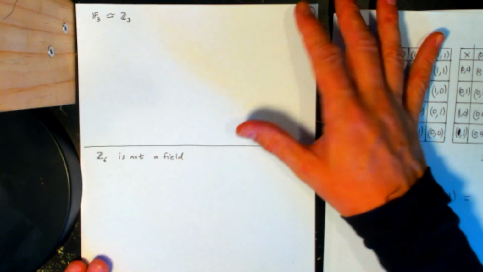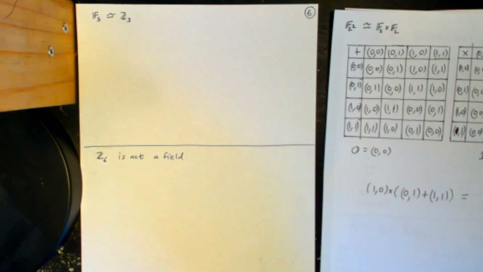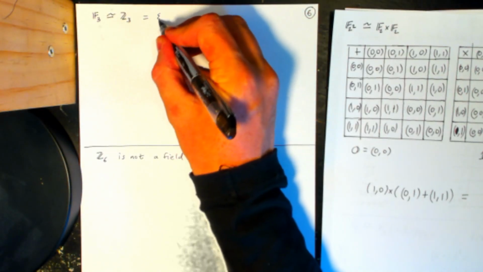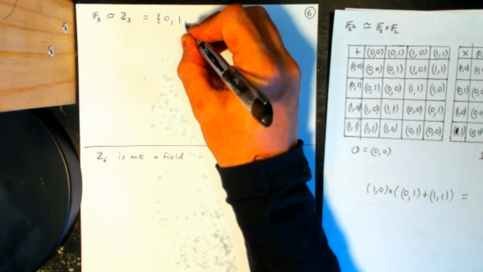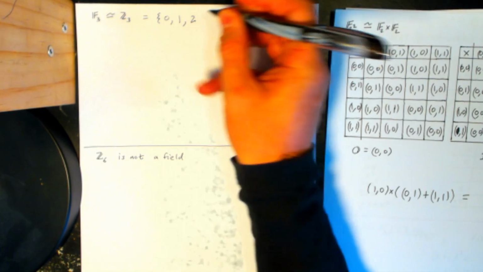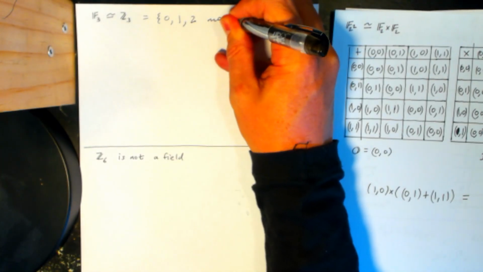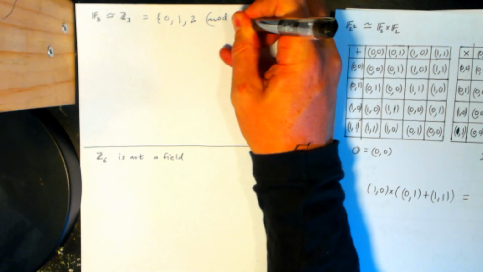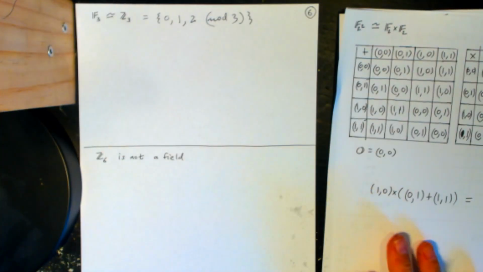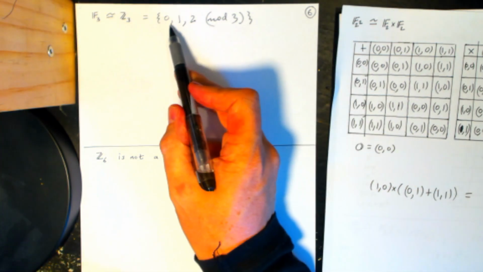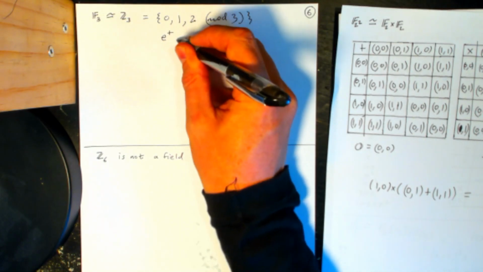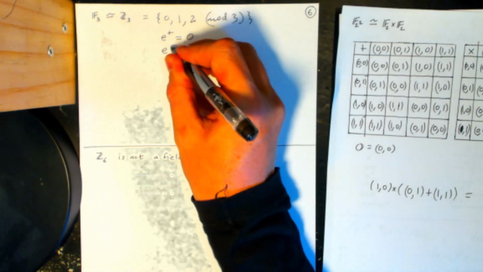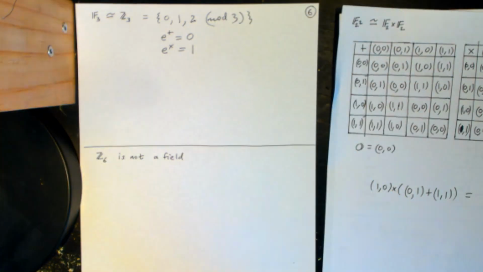Okay, so we've already talked about some finite rings, and one of those examples that we discussed was integers mod 3. So the representatives of this as a group and as a ring were 0, 1, and 2 modulo 3. Okay, so we had 0 being the additive identity, and the multiplicative identity here is 1.